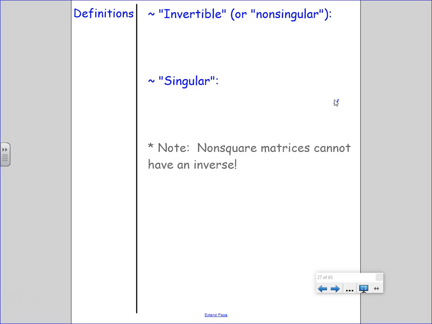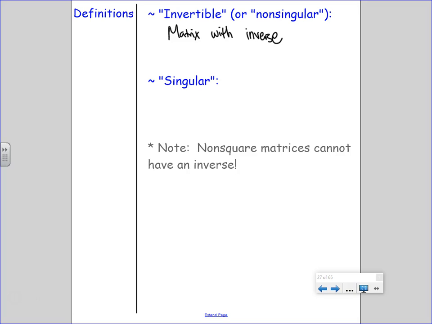Okay, couple terms, real quick. Invertible. What do you guys see in invertible? Yeah, right, it's there. So if a matrix is invertible, what does that mean? It describes a matrix that has an existing inverse.